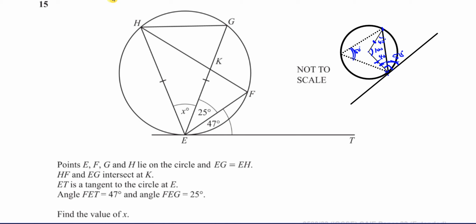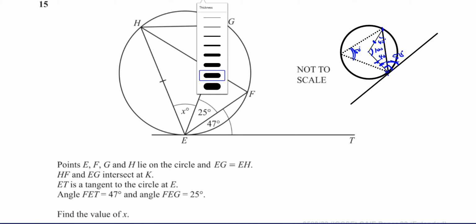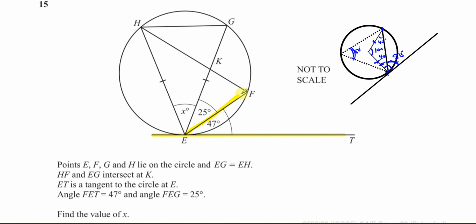So what we can see from here is, let me just highlight it, we have this tangent meeting this chord. Now on this same chord stands this angle over here. So we can see that this angle 47 is the same as this angle here, because it's standing on the same chord.